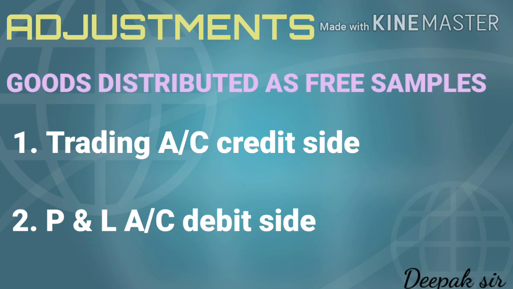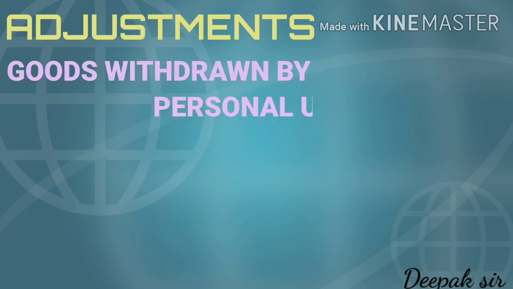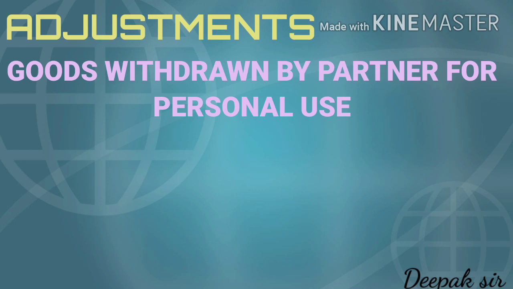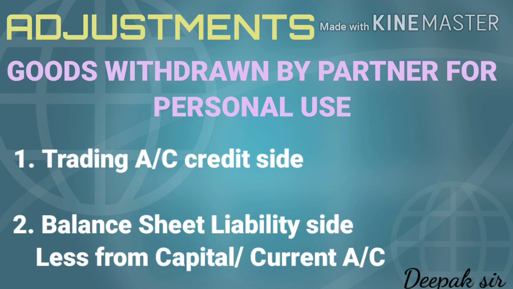The next adjustment on goods is goods withdrawn by partner for personal use. Again, goods are withdrawn by partners, so goods will go out. The first effect will come in trading account on the credit side, and since goods are withdrawn for personal use, it means drawings, so the second effect will come in balance sheet on the liability side.